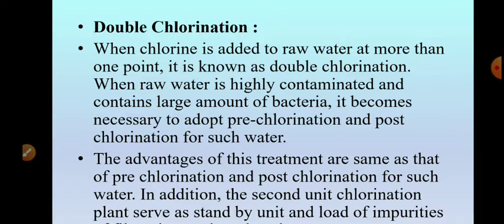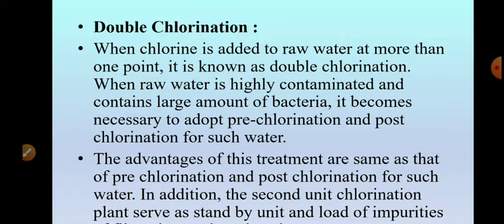That means, because the water is highly contaminated, we perform pre-chlorination. We add chlorine initially. Then go for treatment of water by, say, the filtration method. And then after filtration, we again chlorinate the water. That is called pre-chlorination and post-chlorination.